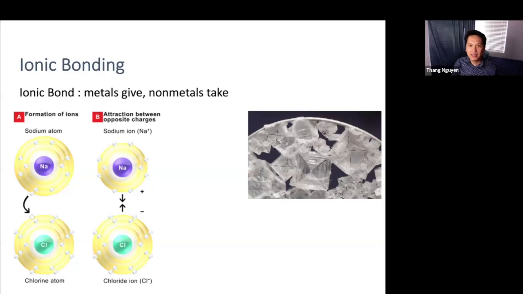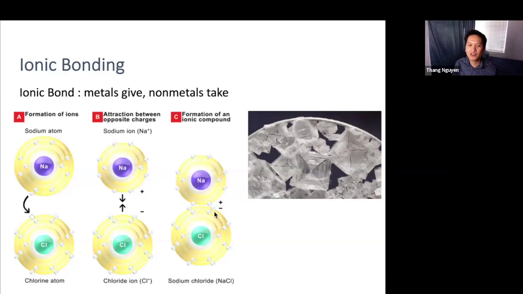Now, what do you know about things that are opposite from each other? Opposite attracts, right? That's kind of like a rule of nature. So yes, this positively charged cation is so attracted to this negatively charged anion. And because of that, they form a very strong bond. They stick together very strongly to form a solid.